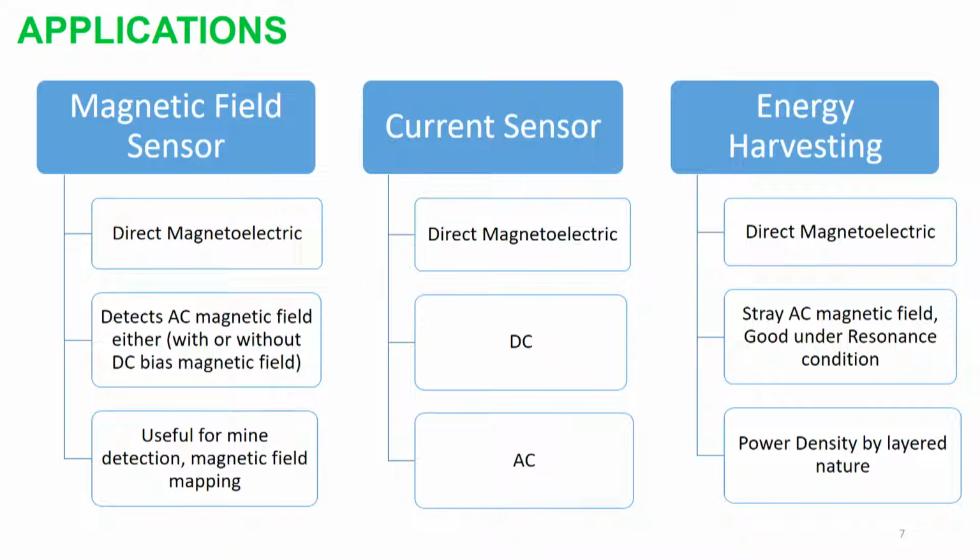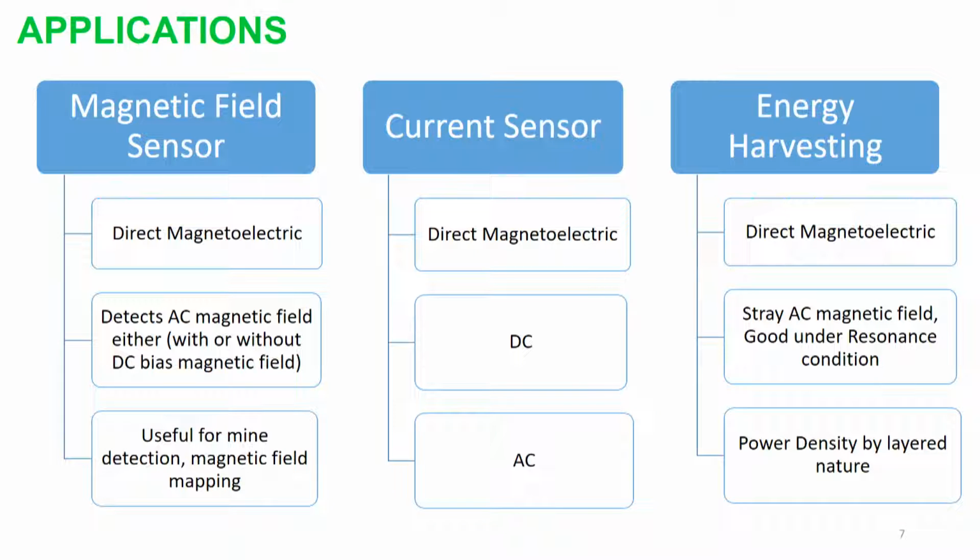Then the current sensing has another application, like when you cannot simply put a device to measure it, and therefore direct magnetoelectric material can be used to detect the DC current as well as the AC current.